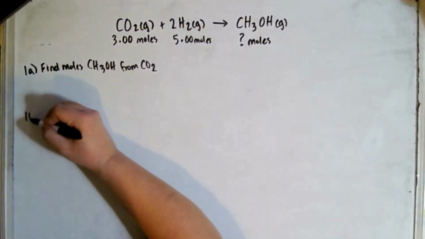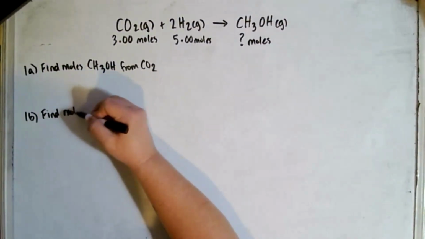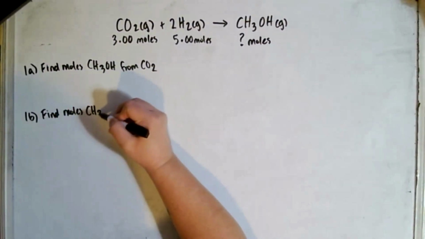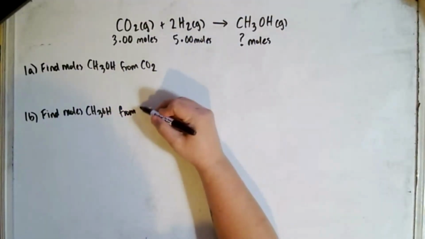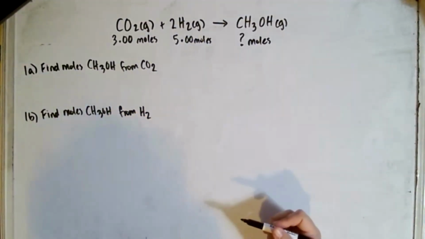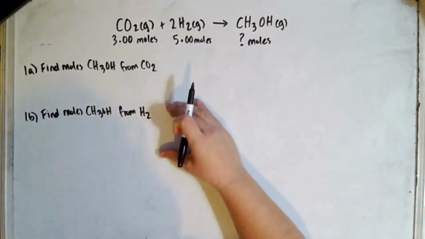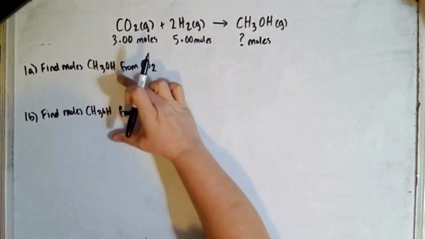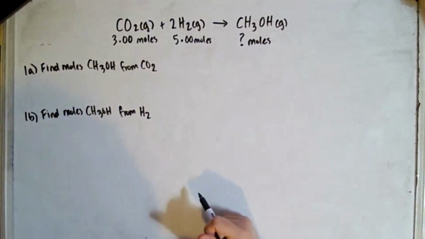And then step 1B is going to be to find the moles of your CH3OH from your second reactant. In any limiting reactant question, this is always your first set of steps. Find the amount of product that each reactant can produce.